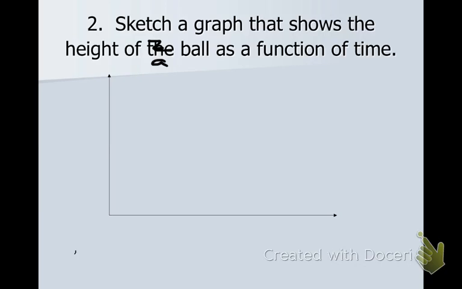And as time lapses, what's going to happen to the height of the ball? Then we should be able to find a way to show that graphically. So as a function of time, what happens to the height? What's that graph going to look like, you think?